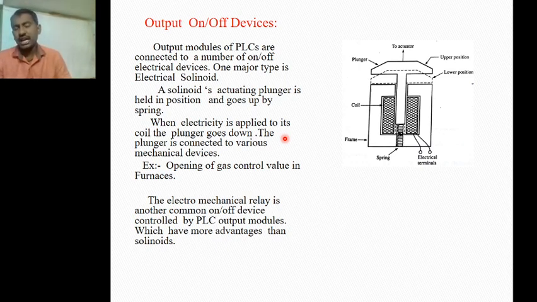We already classified the output devices into two ways. What are the two ways? Output on or off devices and output analog devices. The best example for the output on or off devices is a solenoid. When the solenoid receives the electrical signal from the output module, the CPU generates the signal to the output module, and that output module gives the electrical signal to the solenoid.